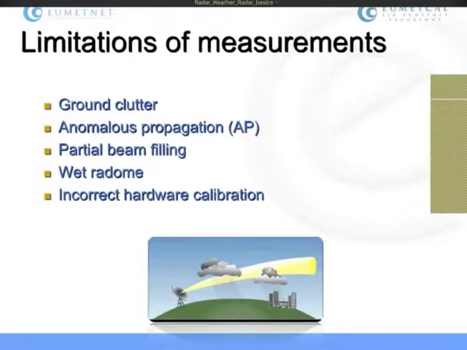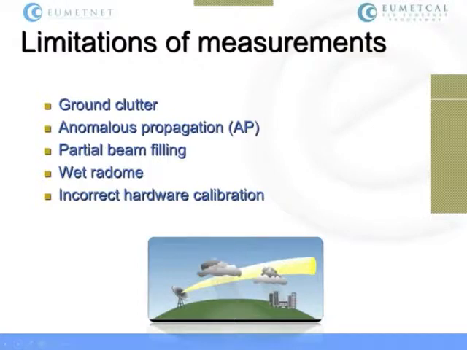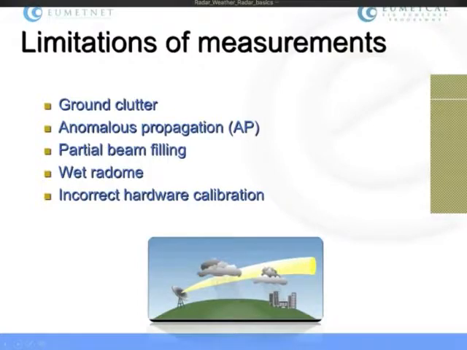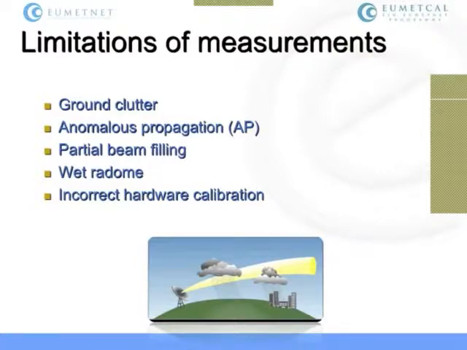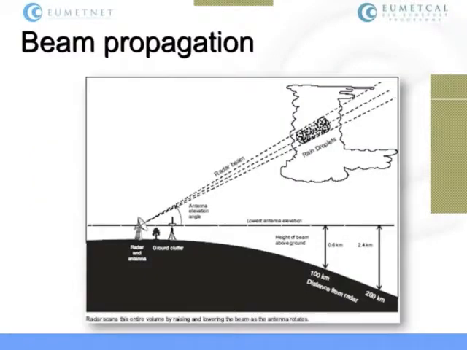So let's say the pulse volume is filled with just half of the target. We can have a weather dome, or incorrect hardware calibration, which needs to be fixed immediately. In that way, we can have the most correct information.